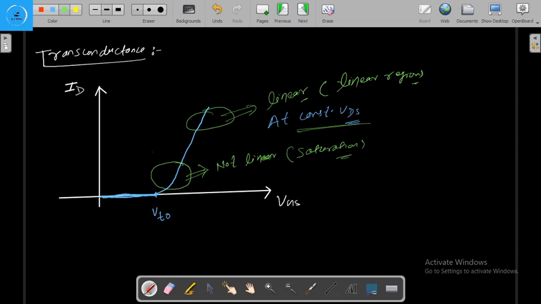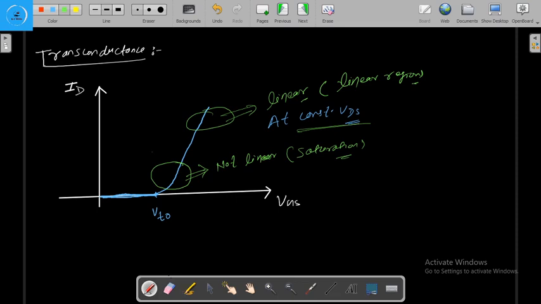This is called the ID-VGS curve, or the transfer characteristics curve, because here the input is the gate voltage VG that we are applying, and the output is ID. So this is the curve between the input and the output.